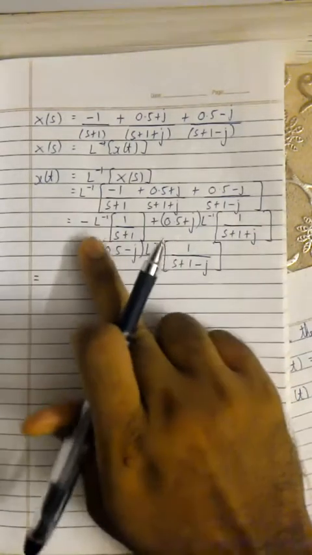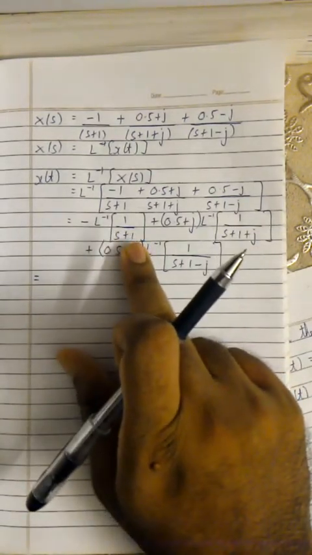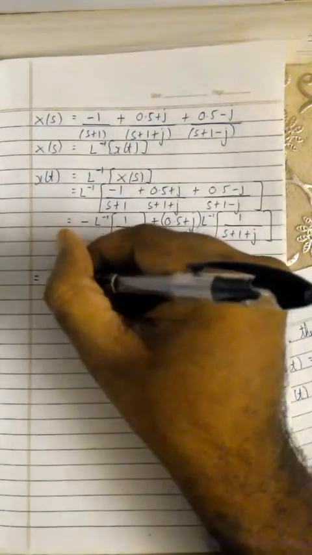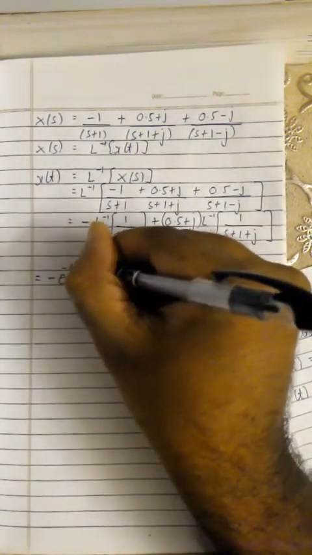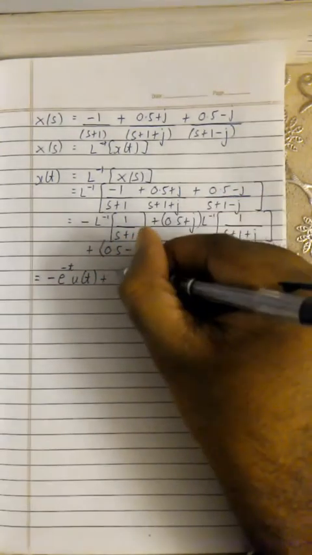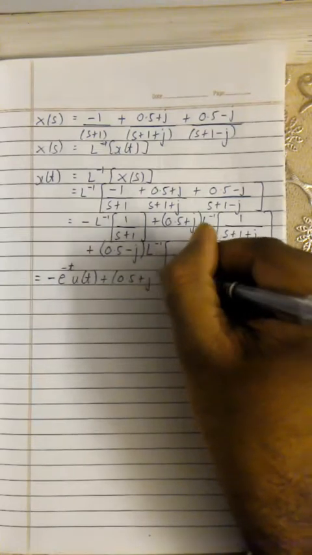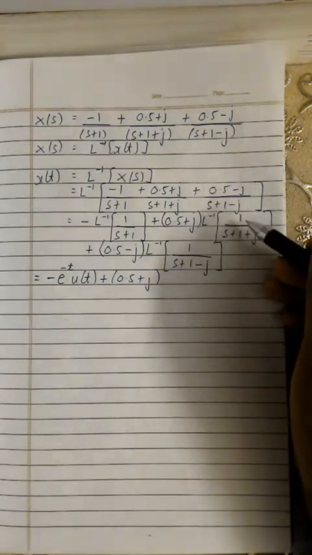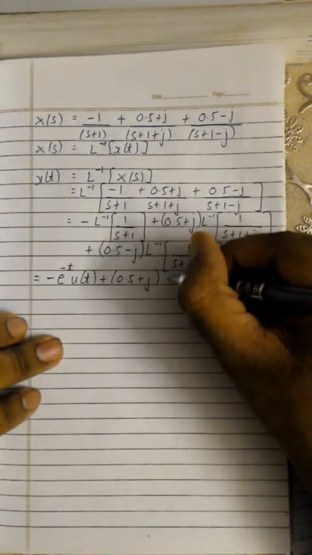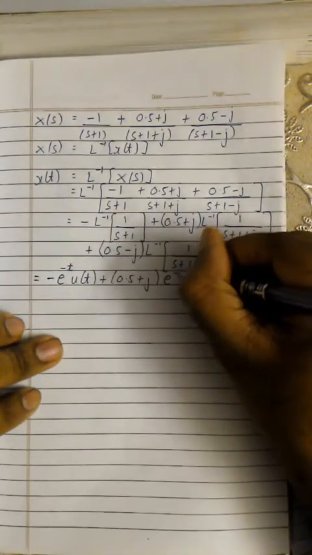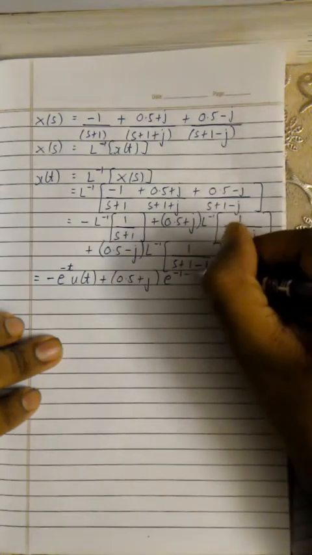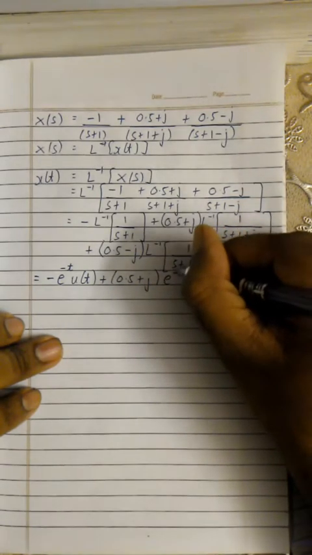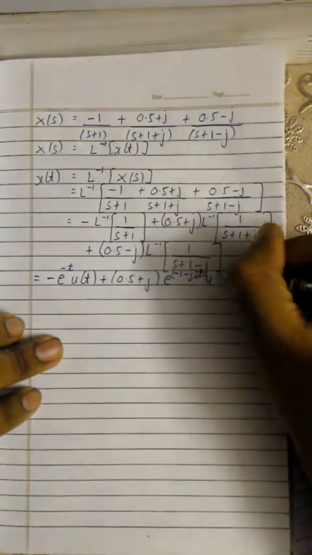We know the Laplace inverse of 1 by s plus 1 is e raised to minus t u of t, so this becomes minus e raised to minus t u of t. Plus 0.5 plus j times the Laplace inverse of 1 by s plus a, which is e raised to minus a t. So the Laplace inverse of this is e raised to (minus 1 minus j) t u of t.